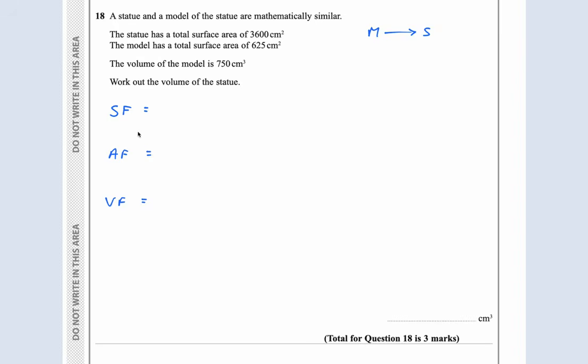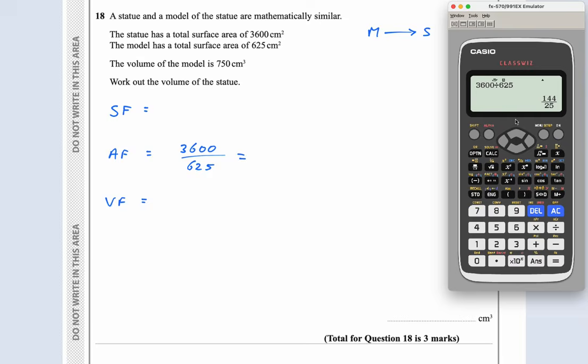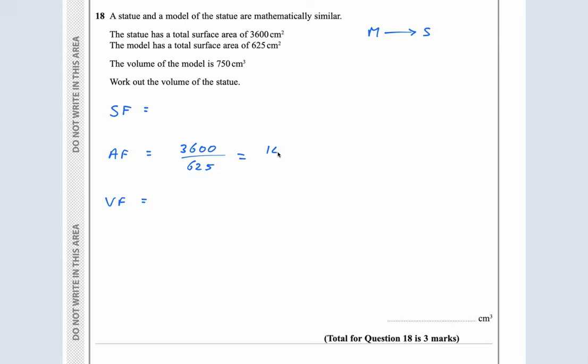So the area factor is 3,600 over 625. This is what I would multiply to get from the model to the statue for area. Now this is equal to, if we simplify it, I've done it here, 144 over 25.